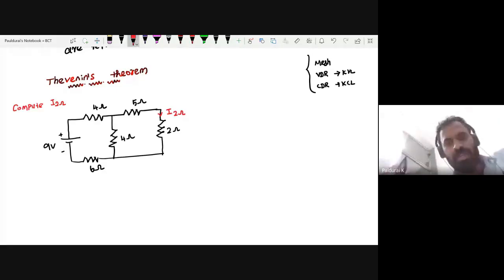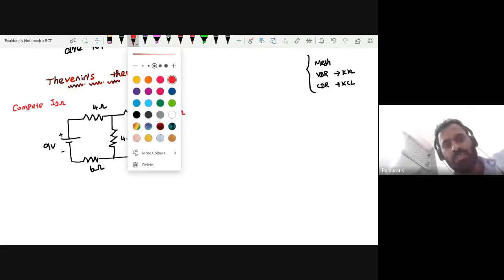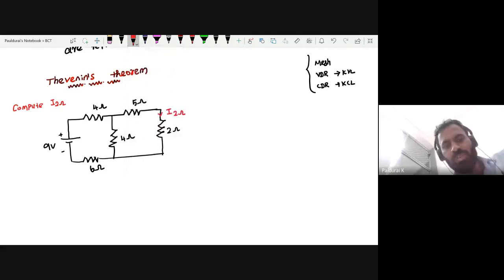For your reference, here I am writing the equations. Loop 1: I am having 3 resistances, 4, this 4, this 6. 4 plus 4 is 8, 8 plus 6 is 14, so 14 I1, and this 4 is common, so minus 4 I2, equals minus 2 plus 11.